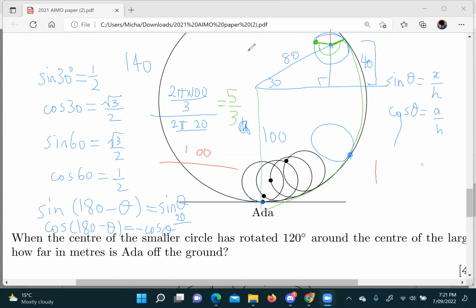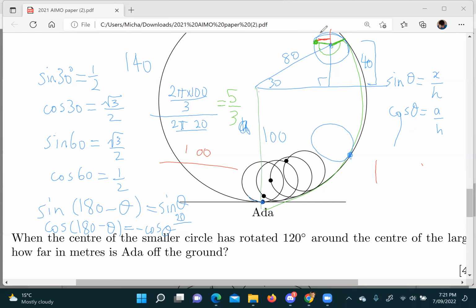Like this? Yeah. Then it'll be a 30, 90, 60 triangle, I think, because it's 240 degrees.